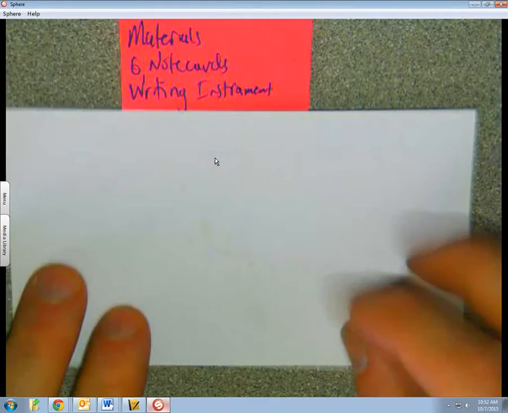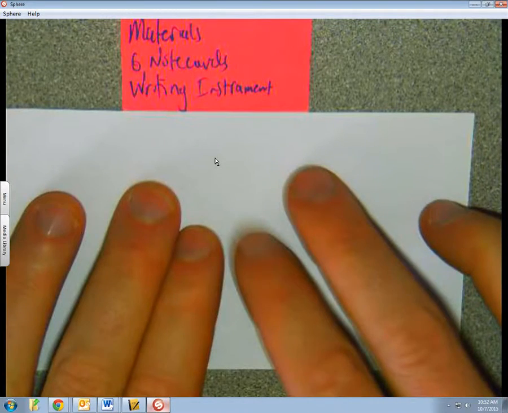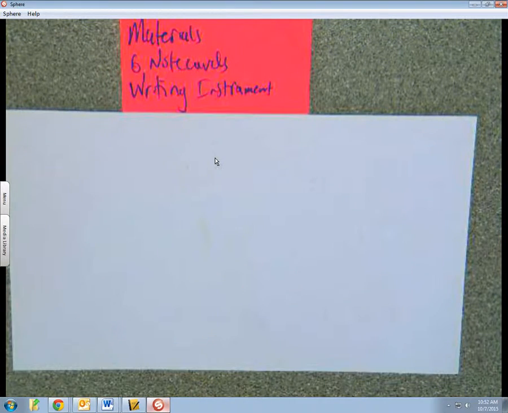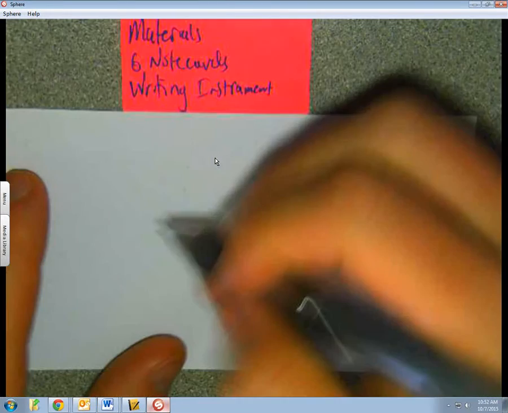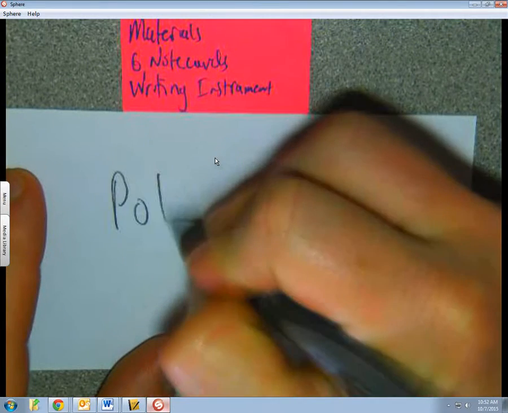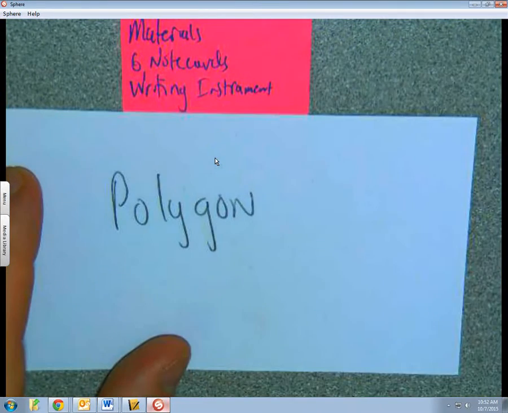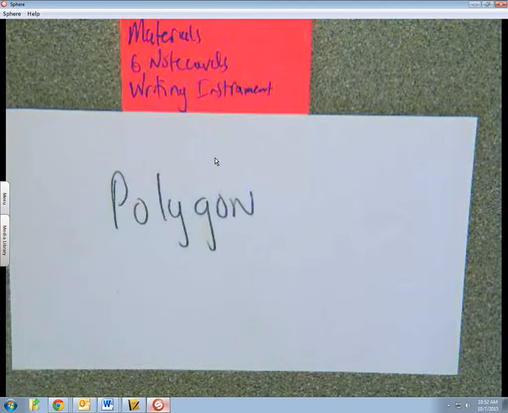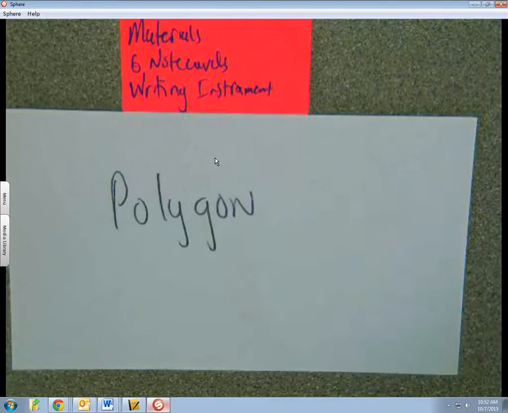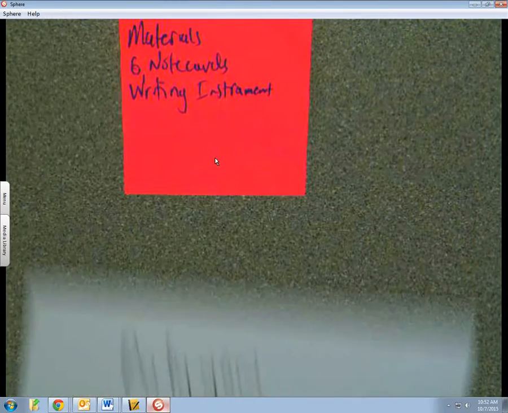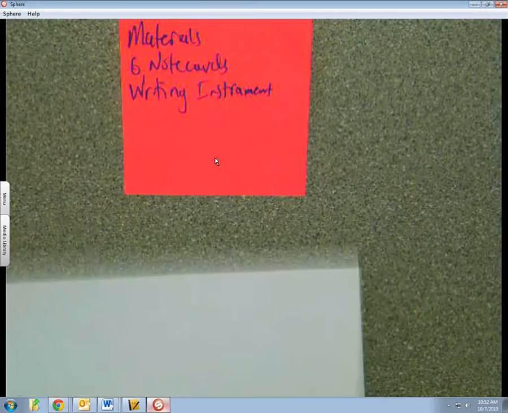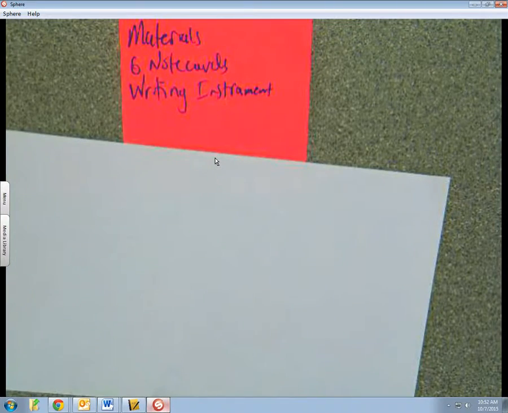So the first thing we're going to look at is a polygon. Right. So let's flip that over and sketch some polygons.